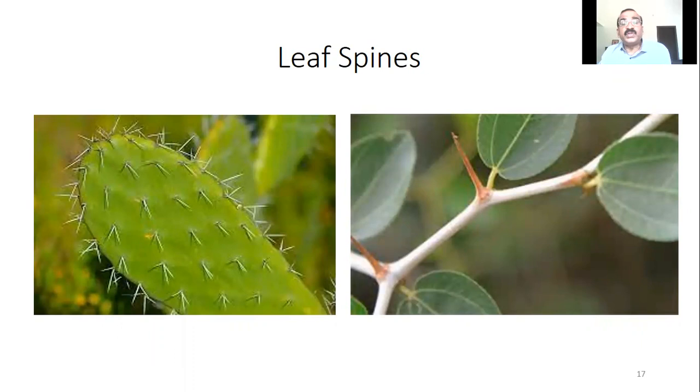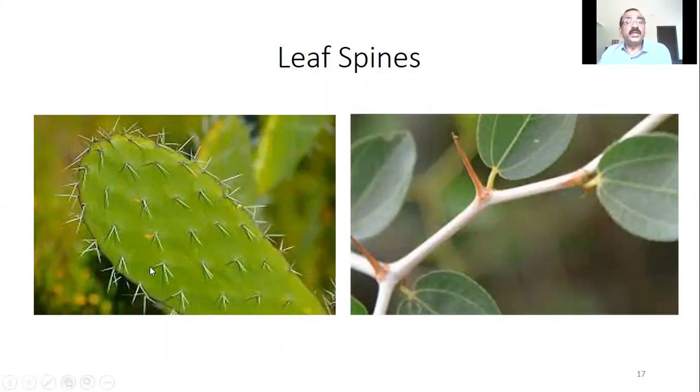And finally leaf spines. Which plant is this? We have covered this already last class. Anybody? Opuntia. Opuntia is an example for what? Stem modification. Exactly.